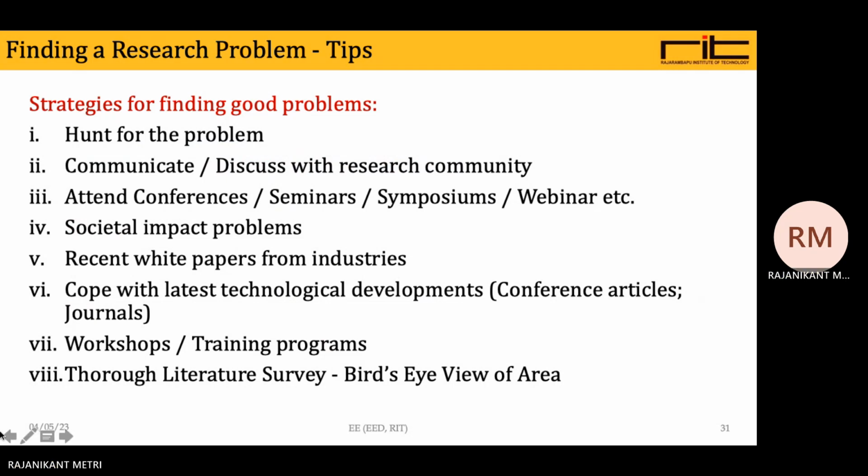Now the last one is the thorough literature survey, that is, a bird's eye view of the area. The satellite workshops in reputable conferences sometimes represent upcoming areas of interest. So these are very high research topics, satellites and rockets and these defense sector points.